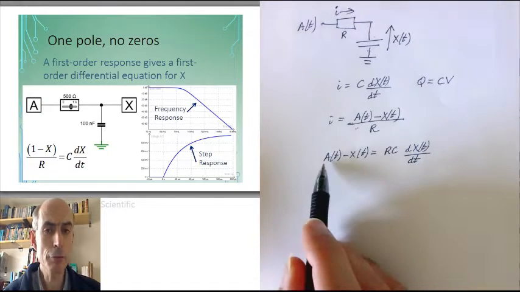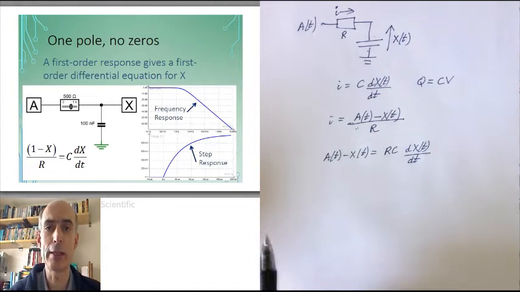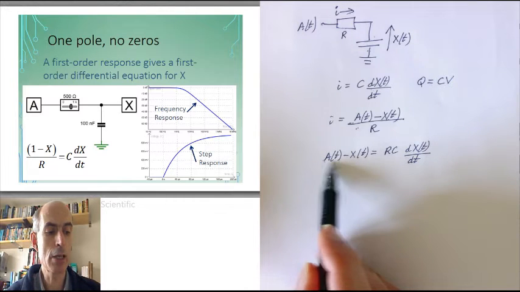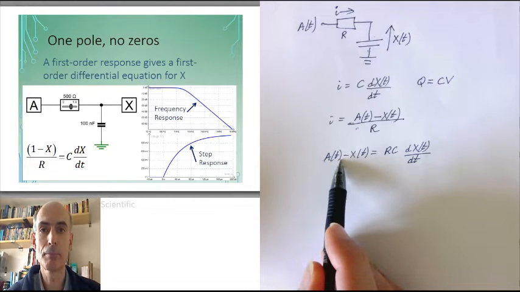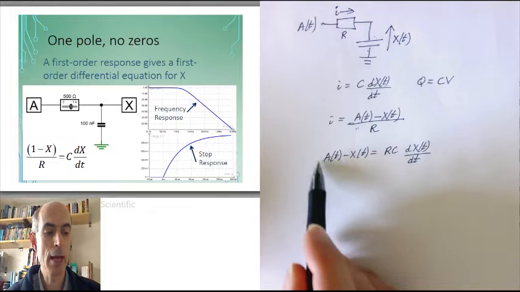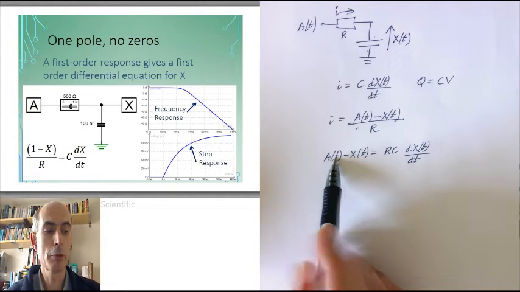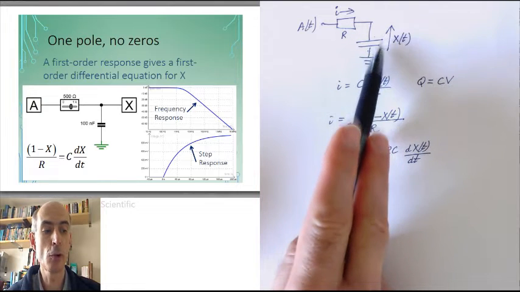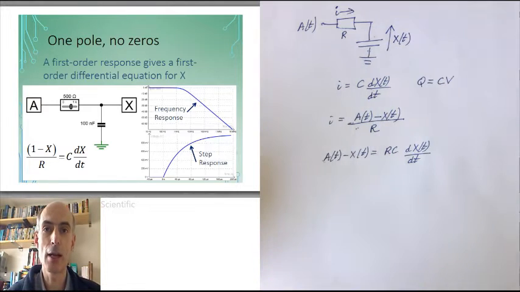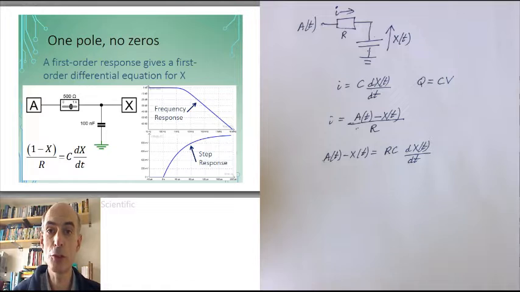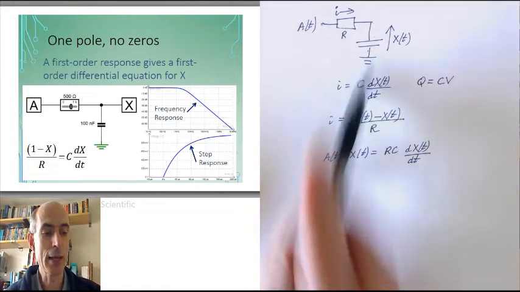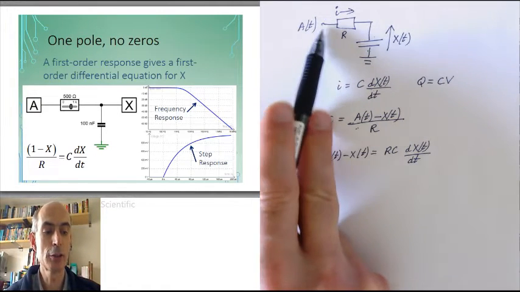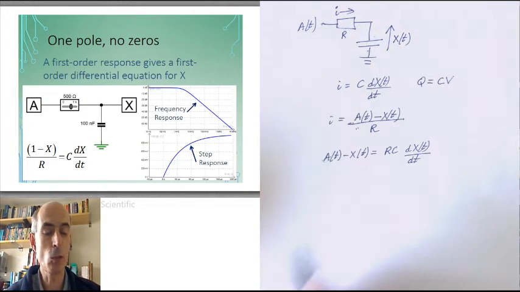Now, for all times that we're interested in, A of t is going to be equal to 1. For negative times, A of t is equal to 0, but for negative times we already know that the voltage at the output is 0, there are no voltages or currents anywhere in the circuit. So we're just concerned with working out what's going to happen when A of t goes to 1 and stays at 1.